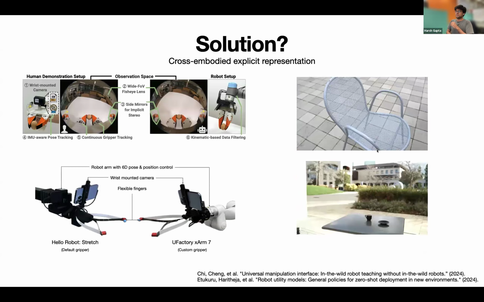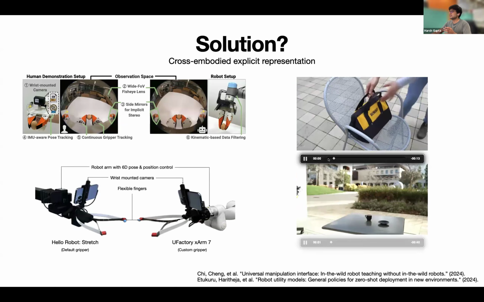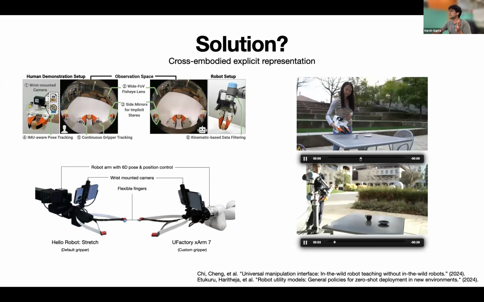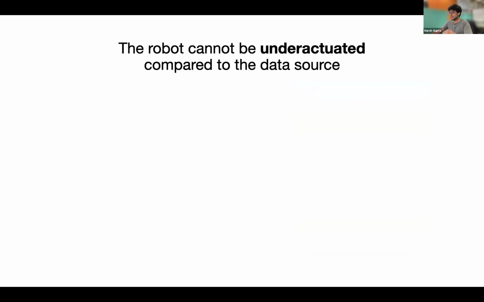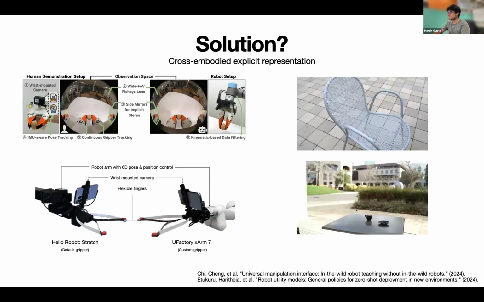You can end up collecting data really easily because you don't even need a robot to do your data collection. You can just pick up the gripper and then start collecting data anywhere in under 2 minutes.